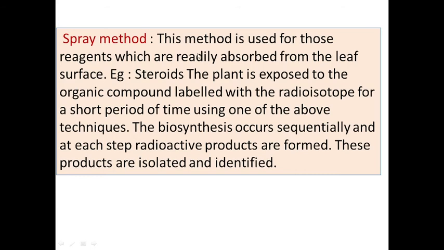Now the spray method. This method is used for those reagents which are readily absorbed from the leaf surface. So the spray method is generally used for label compounds or radioactive tracers which can be readily absorbed from the leaf surface.